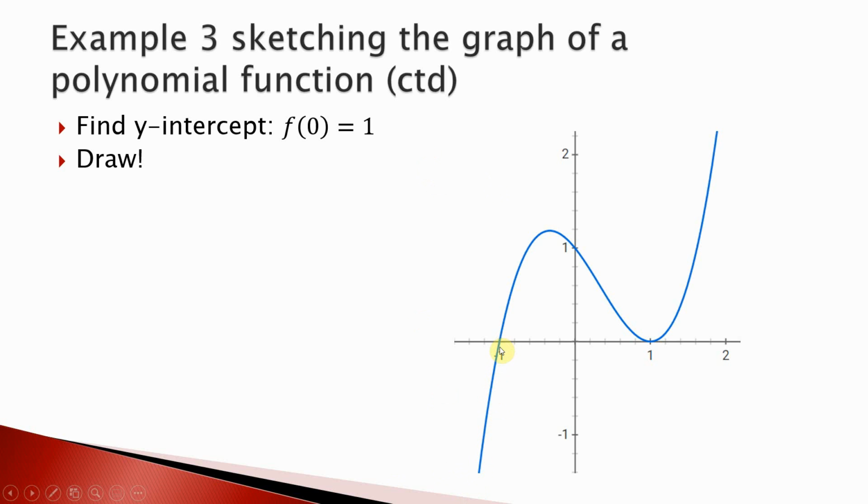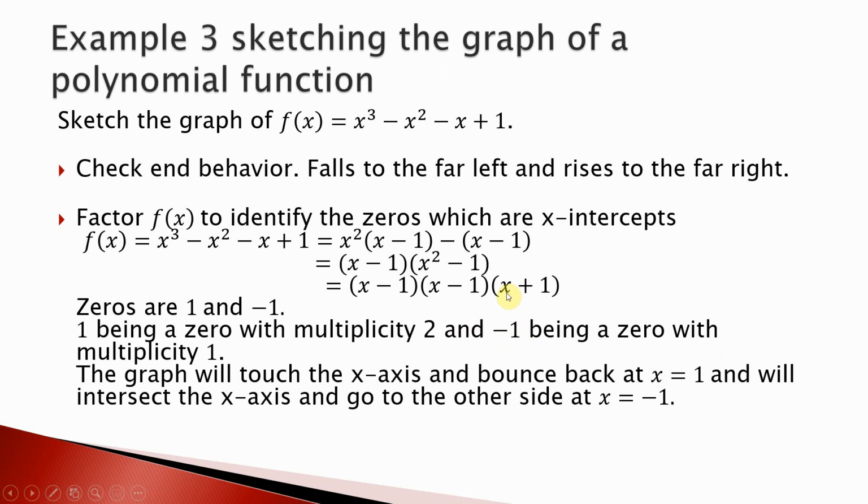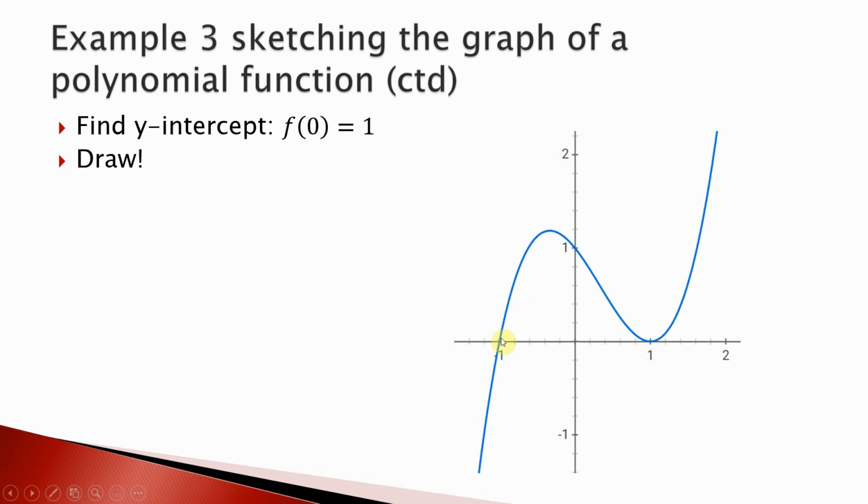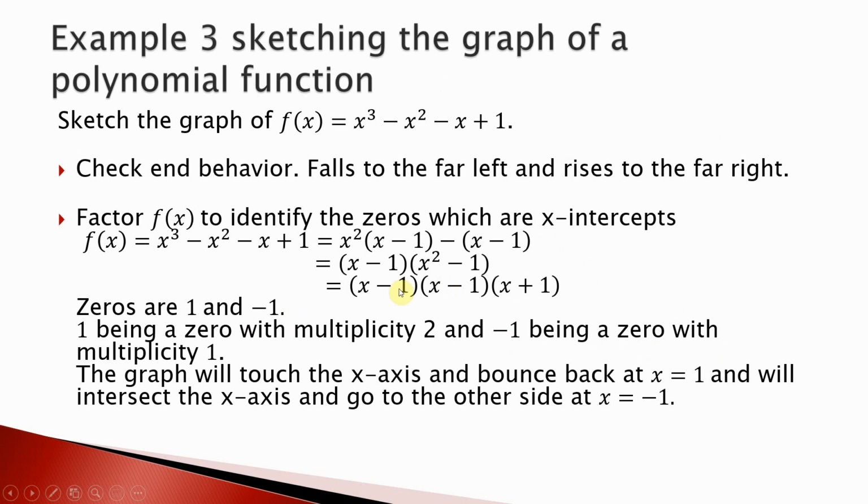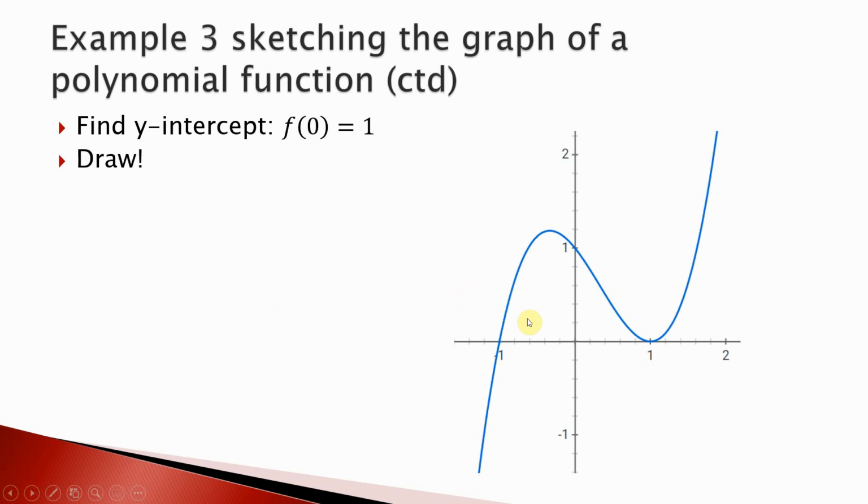So it has to go through negative 1, because negative 1 is a 0 of multiplicity 1. So that's why it crosses the x-axis, and it goes like that, and then you have the y-intercept, and then 1 is a 0 of multiplicity 2, so it will not cross the x-axis, it will bounce back and go to positive infinity when x goes to the far right.